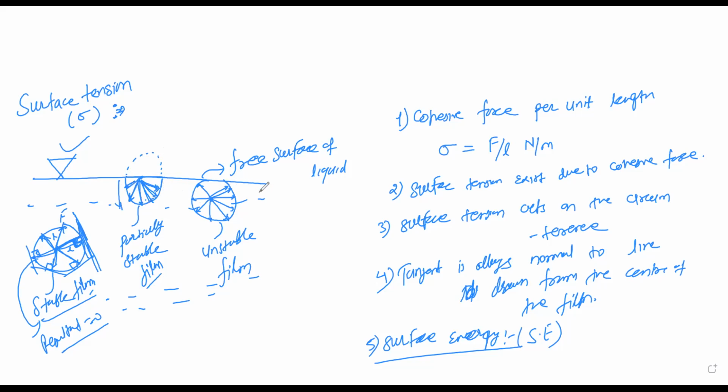But if you assume that some portion of the film is above the free surface of the liquid and more than half of the portion is below the free surface, then the total resultant force will act downward. Hence, this type of film is an unstable film.